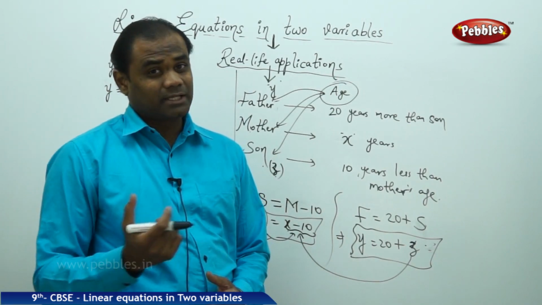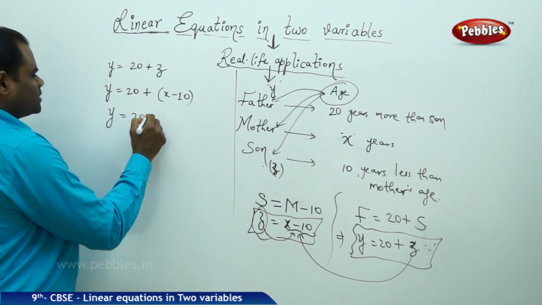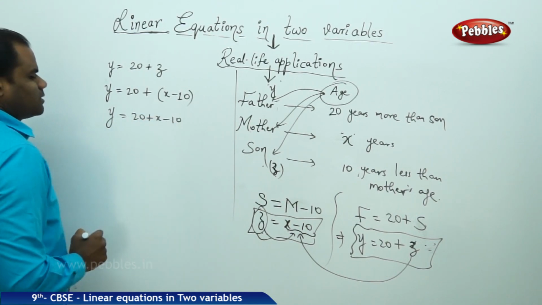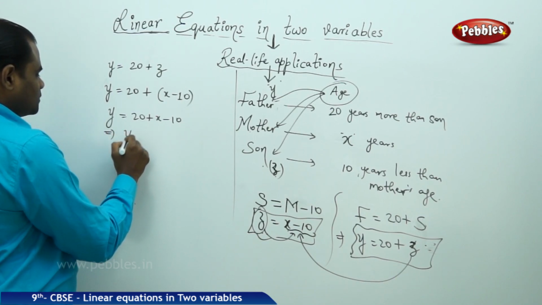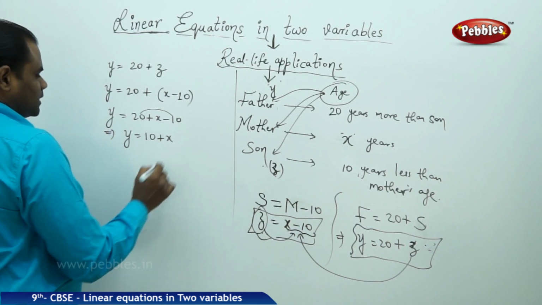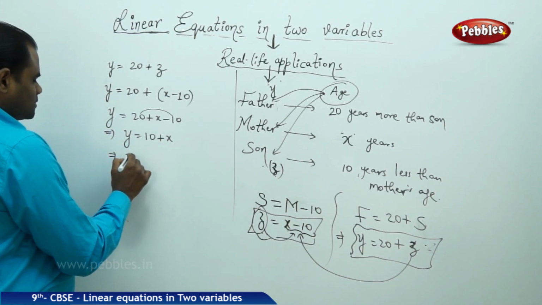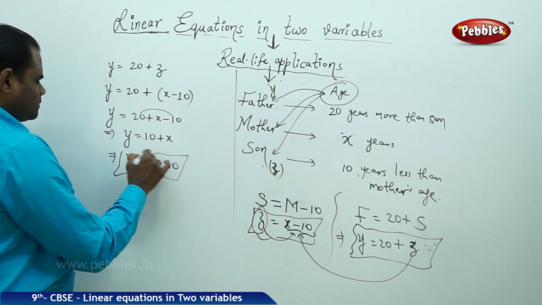Therefore, I get this to be 20 plus x minus 10, which on simplifying gives me y equals 20 minus 10, which is 10, plus x. That implies y is x plus 10.